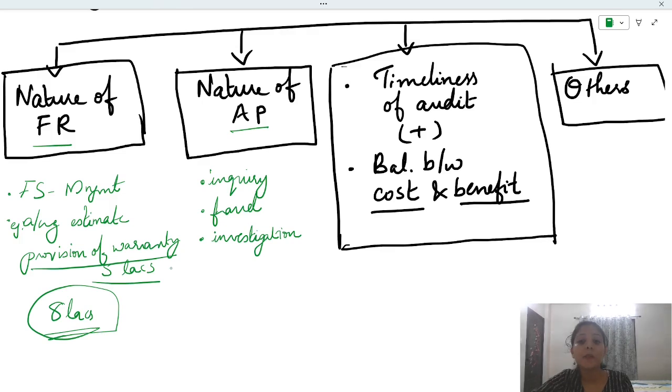And there should be a balance between cost and benefit. Management may be incurring many costs, and the benefit attached to it also plays an important aspect in the audit. This means that it is impracticable to address each and every transaction or each and every piece of information. So regarding the timelines of audit, and also because of the cost and benefit, there are inherent limitations to audit.